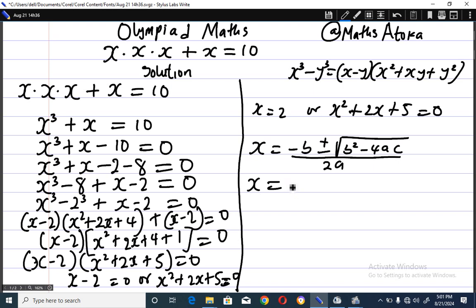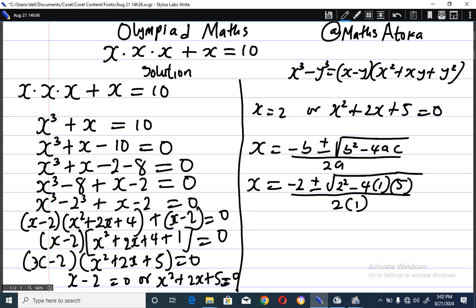So I'm going to have that minus 2 plus or minus the square root of 2 squared minus 4 into 1 then into 5. Okay, you close, then everything over 2 into 1.